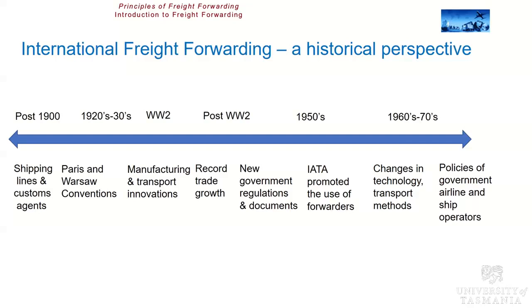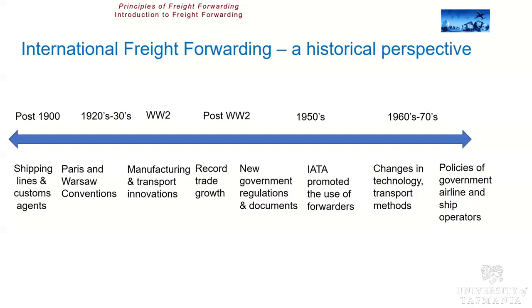Now, the shipping industry, which is a significant industry, didn't actually endorse the use of freight forwarders in the same way as IATA. But what they did say is that freight forwarders were quite useful for small shipments. That was probably as far as they went.